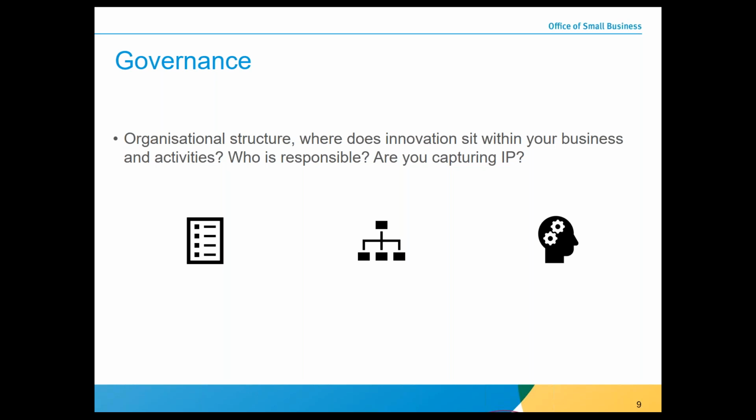For example, if you're a sole trader, you might just be setting aside a regular time slot to build relationships with your ecosystem, and that might be competitors and collaborators, or you might be going out and talking to research institutions. So you've allocated your resources, that is you and your time, and a focus which is aligned with your business goals and outcomes.